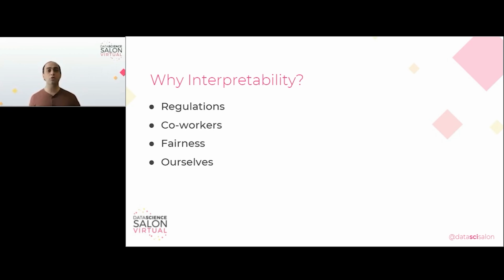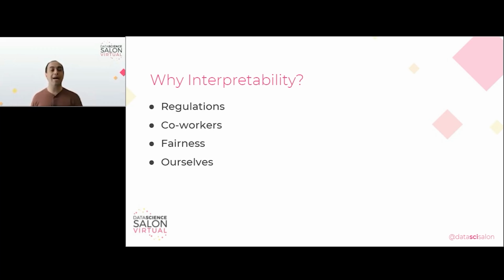Even if there are no legal issues involved, you might be working with coworkers who care about the interpretations. They might be used to their own mental models or models that they developed on their own and understanding what caused each and every decision.